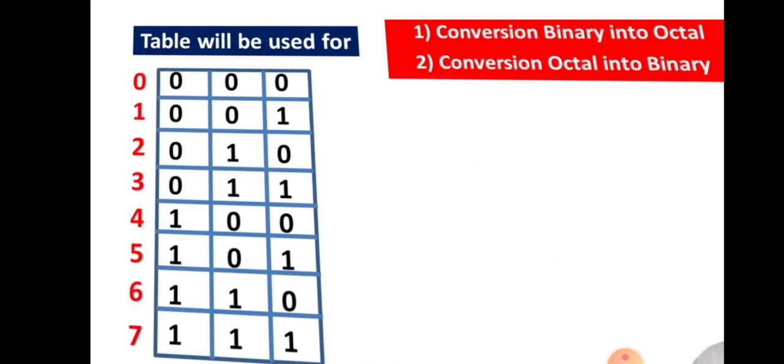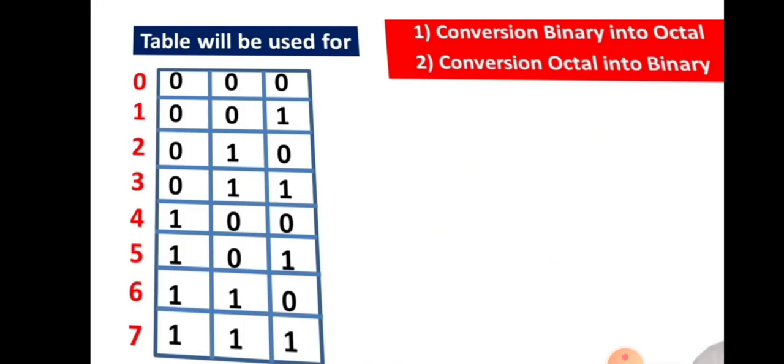Moving ahead, here we have a table which is used to convert binary into octal and the octal numbering system into binary. Here we are using a table which has 3 columns. Why 3 columns?